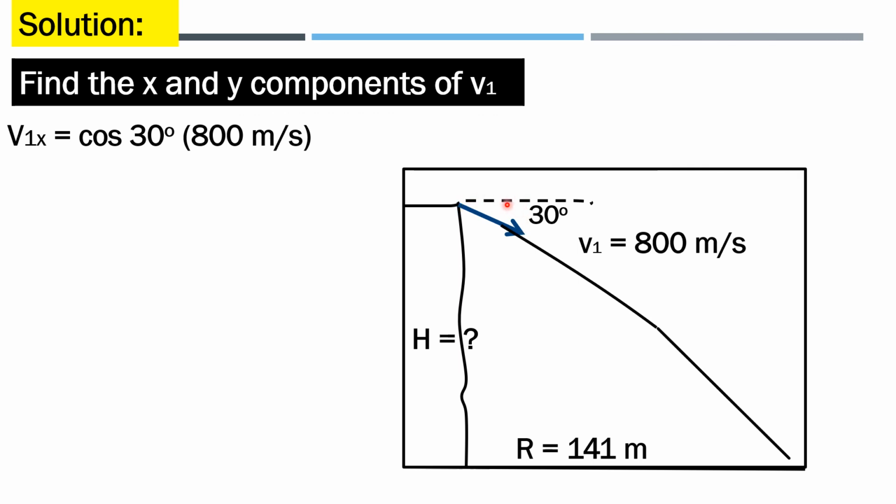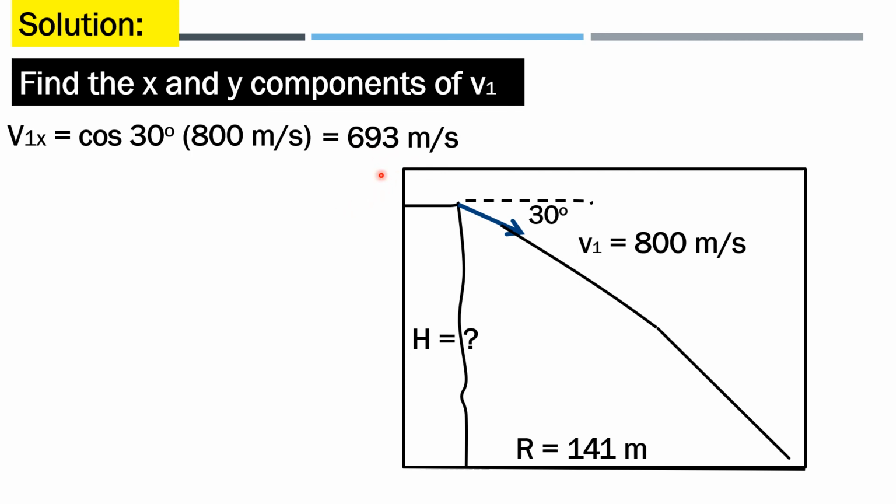So therefore, the trigonometric function that is suitable in finding the x component would be cosine. Cosine of the angle 30 degrees times 800 meters per second. Using your calculator, we get the value of v1x, 693 meters per second.